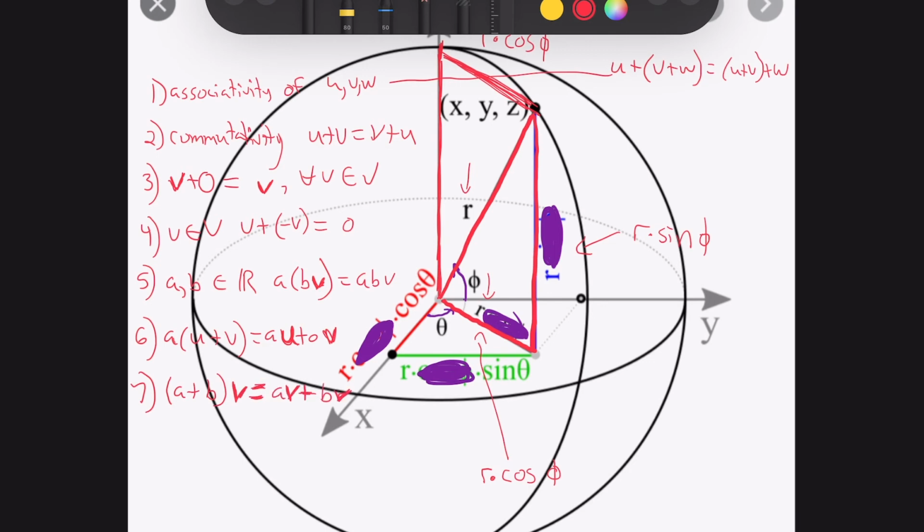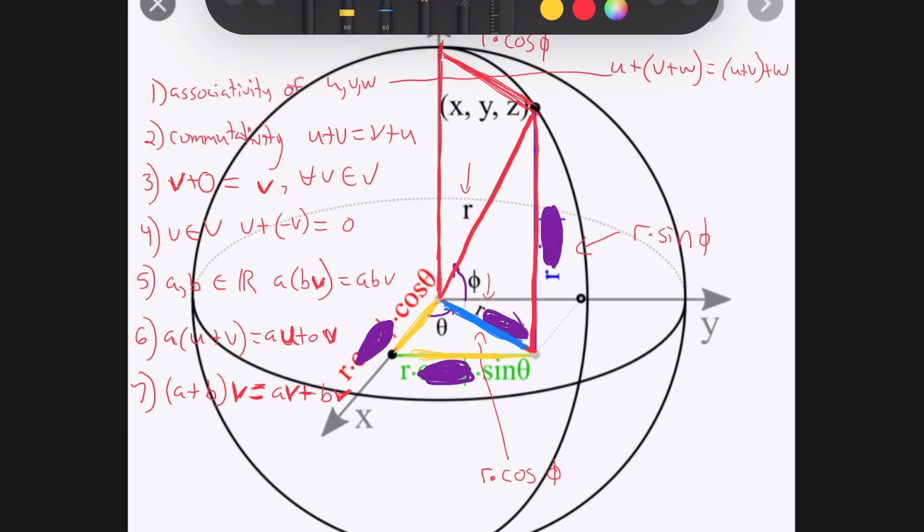Now, the reason I brought those up is because this vector here, which was a projection of r onto the xy plane, is going to be a linear combination of this vector and this vector.